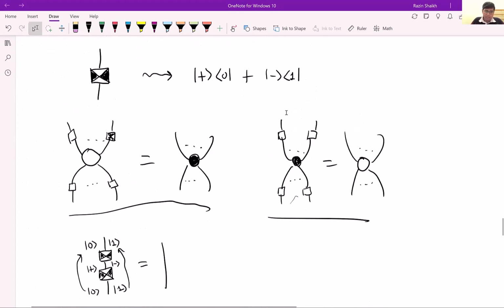So here, if you have two spiders and you change the color, let's say the first one was labeled alpha, you still get the spider labeled alpha. So it only changes the color, it does not change the label, but it also works with any phase, any angle on it. Okay, thank you. That was a good question.